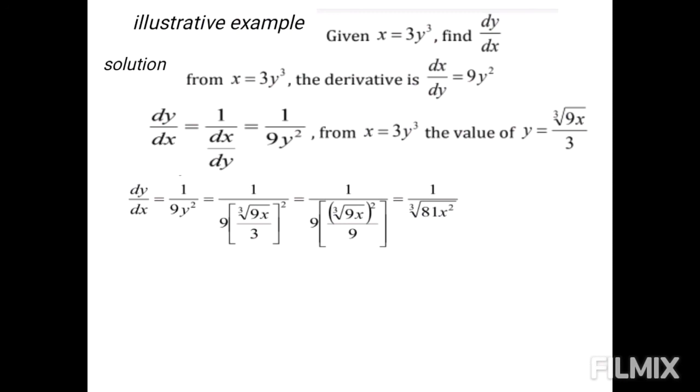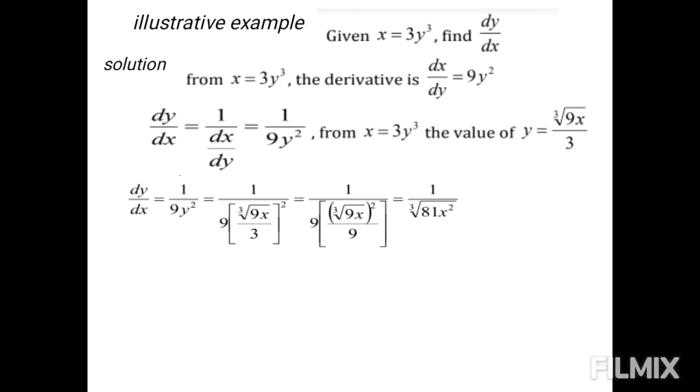That's why it will look like 1 over 9 times the quantity cube root of 9x over 3 squared. Then perform, get the square of those two, the numerator and denominator. So we have 1 over 9 times cube root of 9x squared, and then 3 squared is equal to 9.